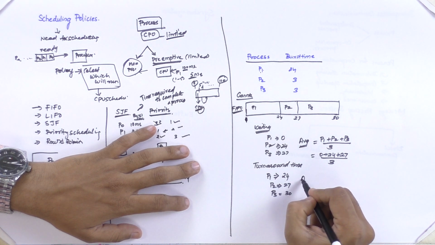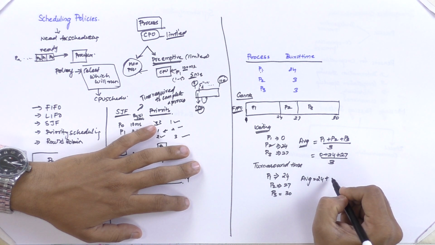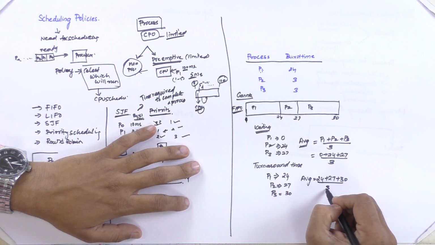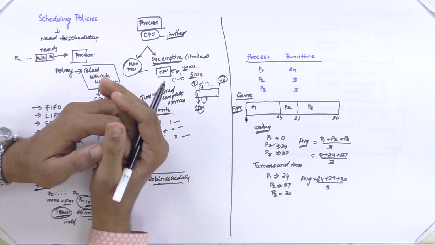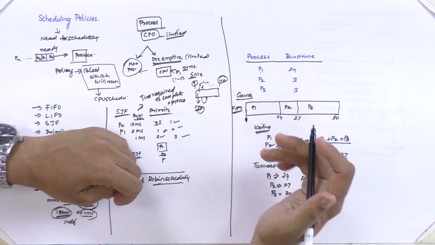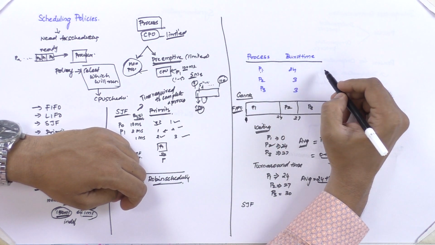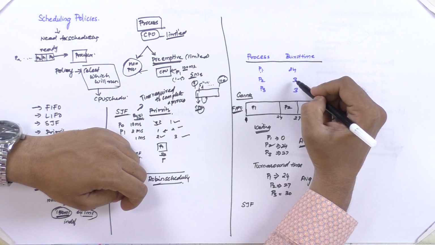So average turnaround time is 24 plus 27 plus 30, divided by 3. This is how you calculate the waiting time and turnaround time. Now we will see the Gantt charts for other scheduling like SJF. You can see here you have 3 processes, P1, P2, P3.